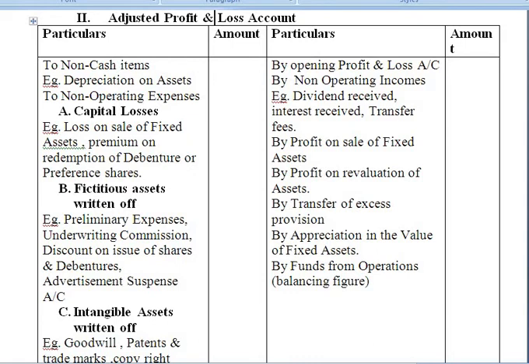On the debit side we take all non-cash items or non-operating expenses, for example depreciation of assets, or non-operating expenses.